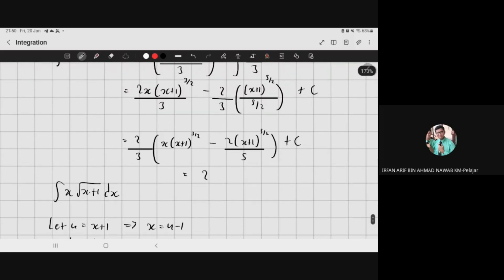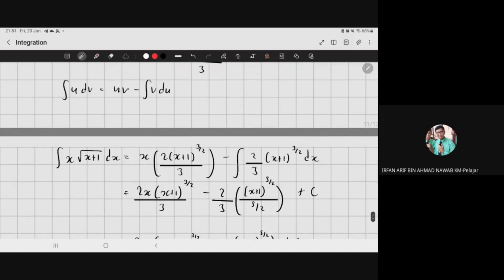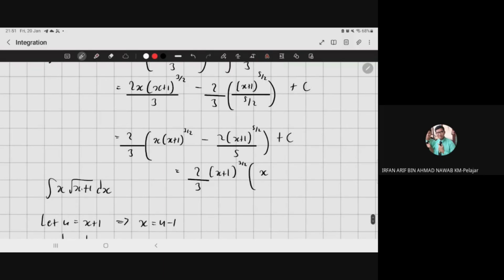2 over 3, x plus 1. Okay, I factorize this. I will get x, 2x plus 1 over 5 plus c.